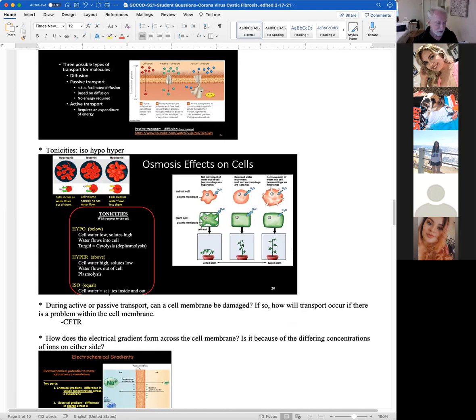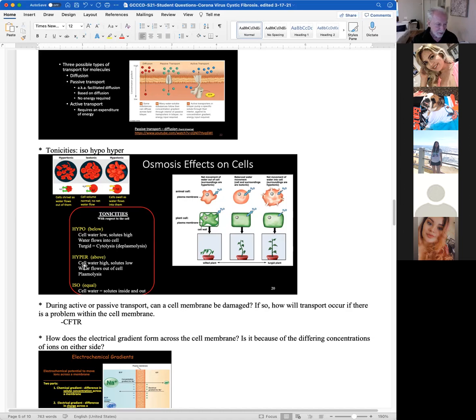If the concentration of water inside the cell is the same as outside, the cell is very happy, and it's called isotonic. If the water concentration inside the cell is low, that means the solutes in the cell are relatively high, and water flows into the cell, and it puts the cell under stress. It's turgid, and in fact, the cell could burst under hypotonic conditions.